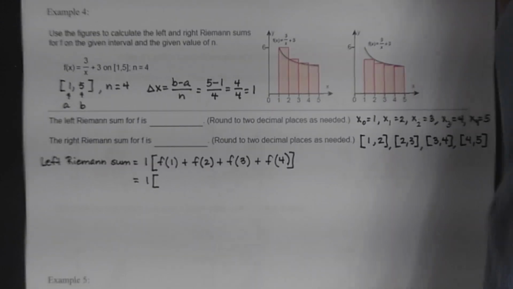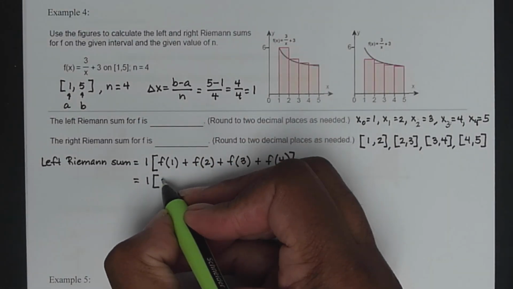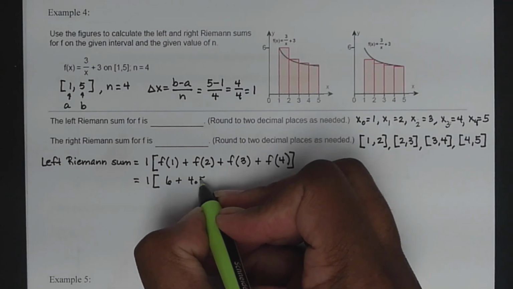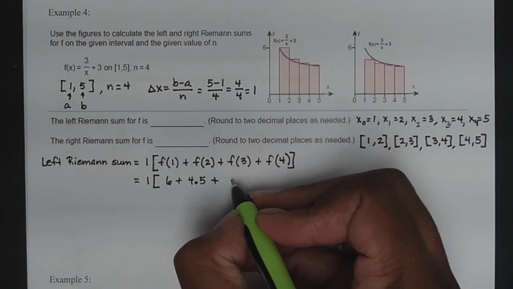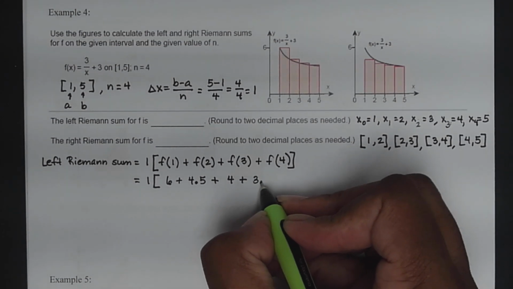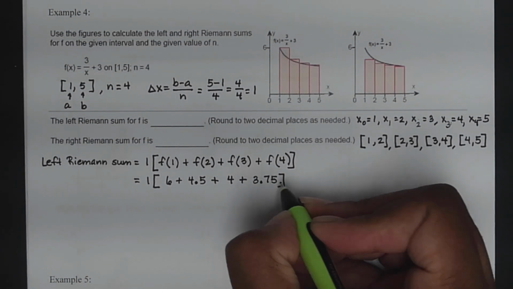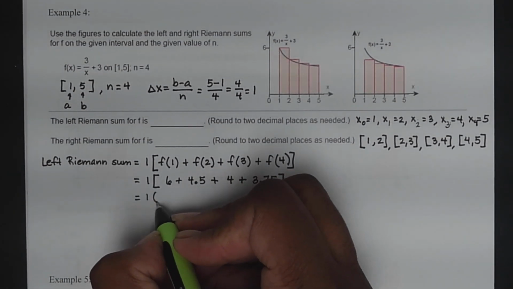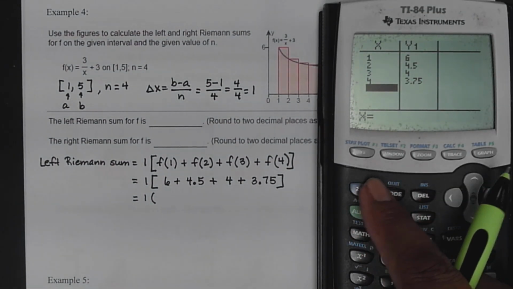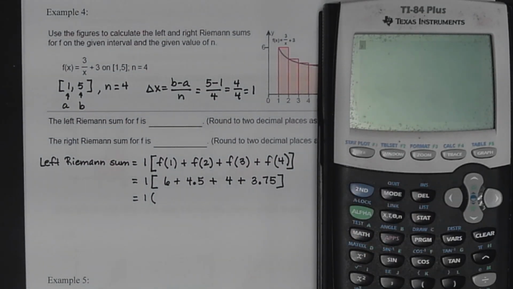Okay, so here's what we got. f of 1 was 6. f of 2 was 4.5. f of 3 was 4. And f of 4 was 3.75. So 1 times, and I'm going to go back to the home screen, so I'll do second quit, or second mode. 6 plus 4.5 plus 4 plus 3.75.